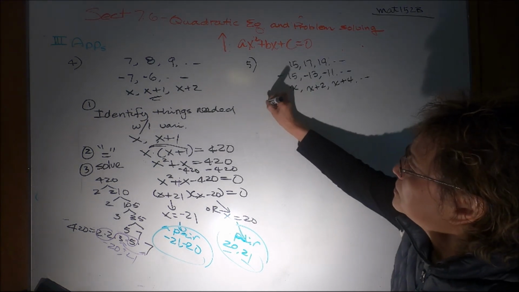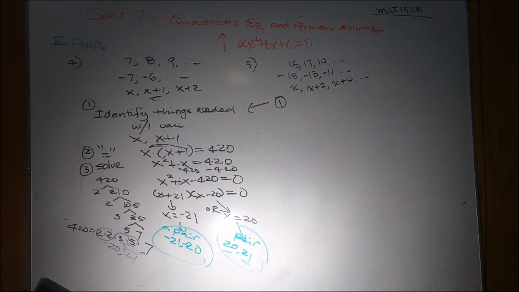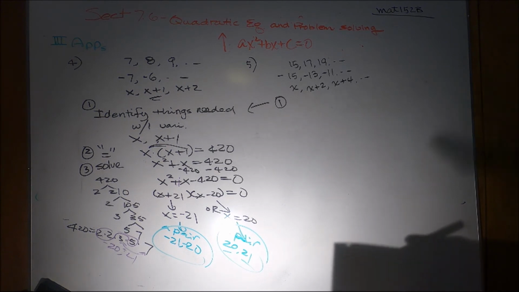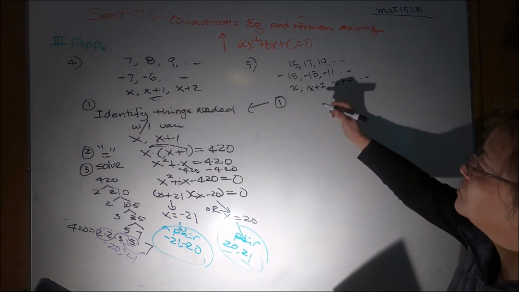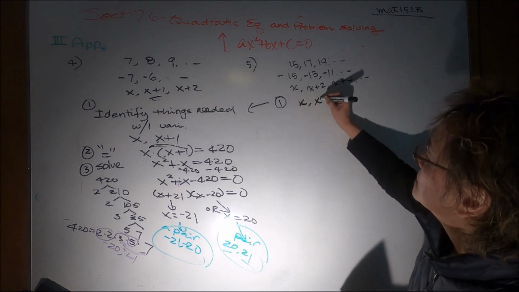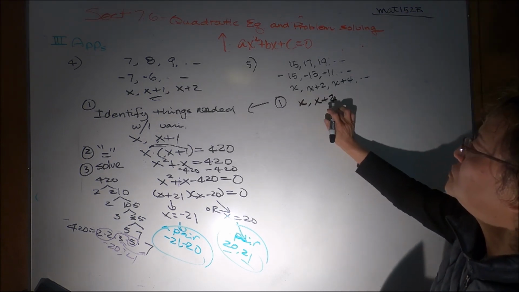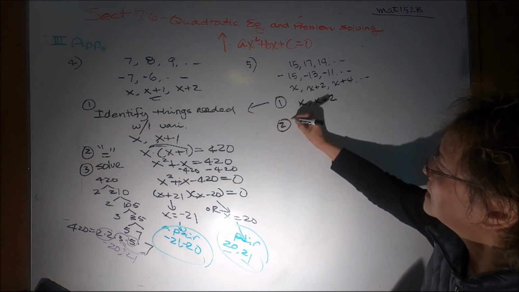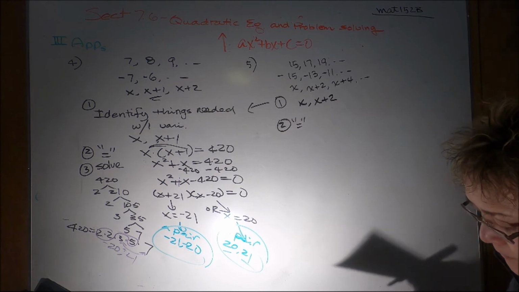So the first step, we identify things needed with one variable to resolve the problem, right? It says two numbers we need. How many numbers do we need? 2, but with one variable. So you need 2 numbers, x and x plus 2. Then the second step, you write your equation.